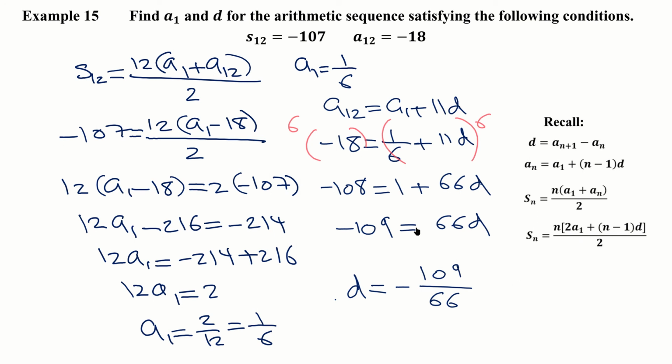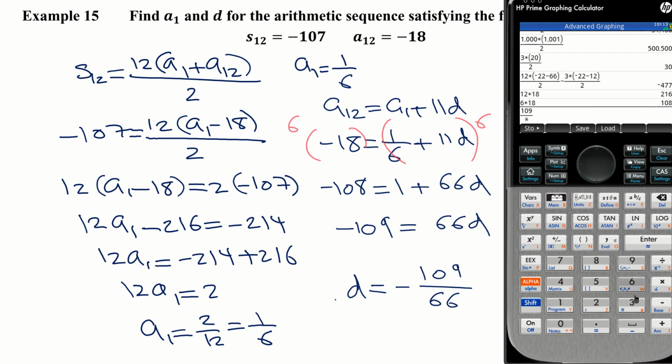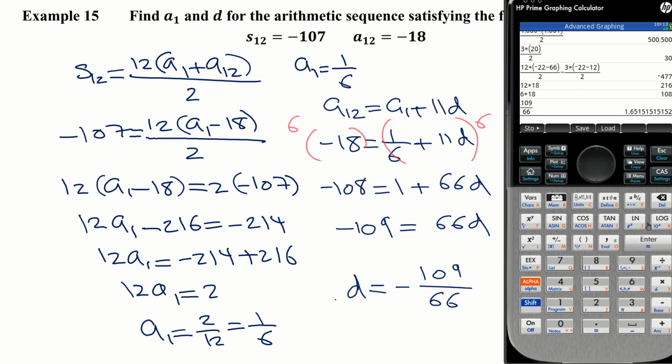Now there is a way to actually make sure, if you like, using this calculator that we've been using, so it's kind of handy. Let me show you. So you would type 109 over 66 and hit enter. It's going to give you a decimal answer. Now if you hit the conversion back to fraction, if it were reducible, it would have given you the reduced version.